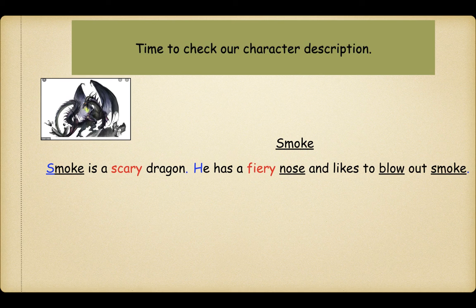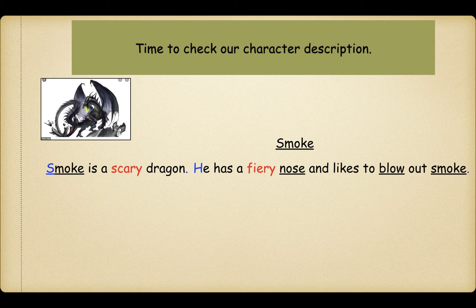Let's look at sentence number 2. I have a capital H at the beginning, so yes, I've got a capital letter. I can tick that off. I've got an adjective. It's fiery. It's coloured in red. Oh, I forgot. After the word dragon, it's hard to see, but there's a blue dot. At the end of a sentence, we need a full stop.